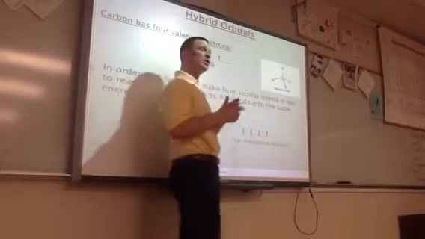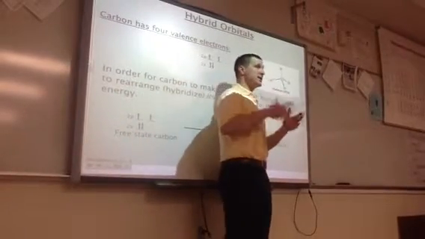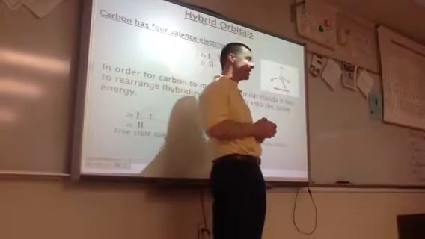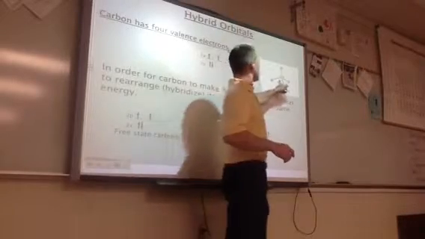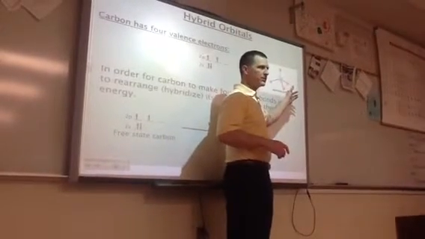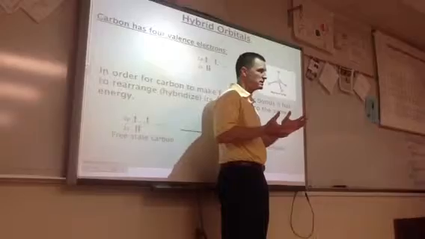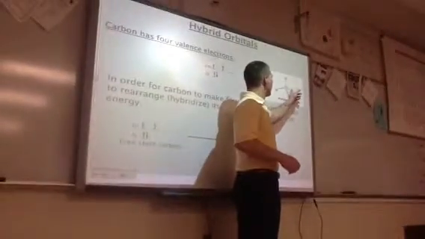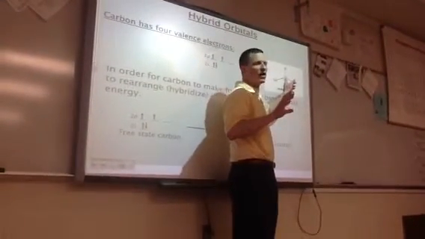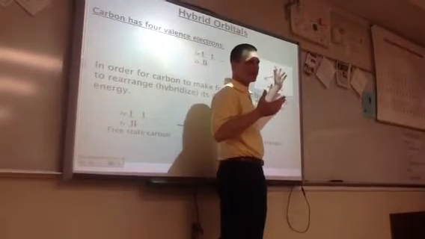However, when we look at CH4, or CF4, or CCl4, or whatever, where carbon is attached to 4 other atoms in a molecule, and we know that it does, when we analyze those 4 bonds, we find that they're all exactly the same. There's not one that's any different from the other 3.